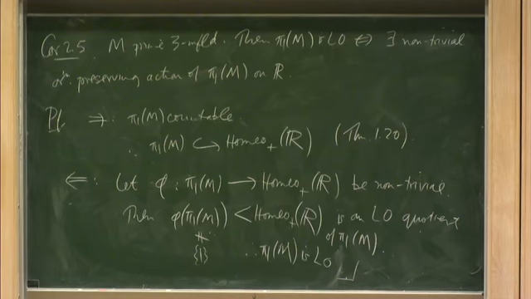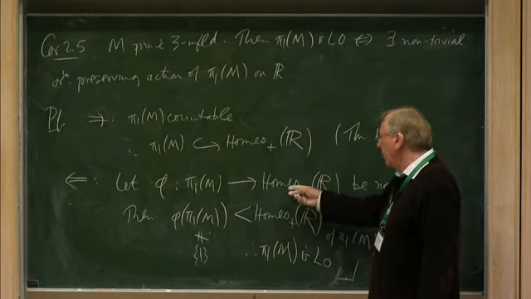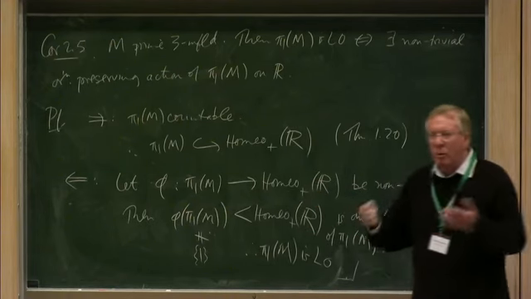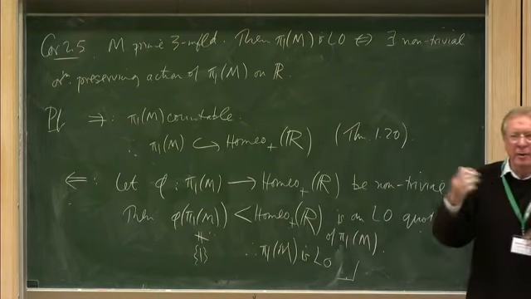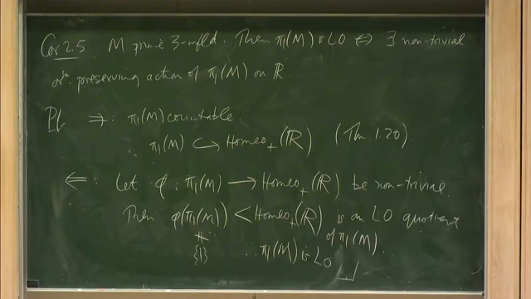Remember the proof that Homeo plus R is left orderable: you choose some well order on the reals, and clearly there are uncountably many ways of doing that, so you get uncountably many left orders on this. It's a very soft property. In fact, that's an interesting fact about left orderability: the number of left orders on a group is either uncountable or 2 to the n, for n finite, which is a nice fact.